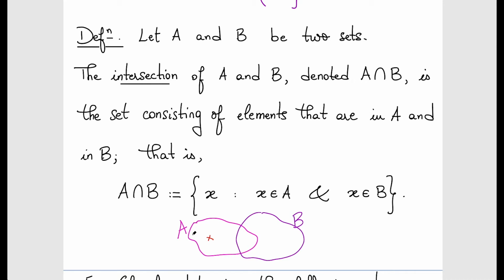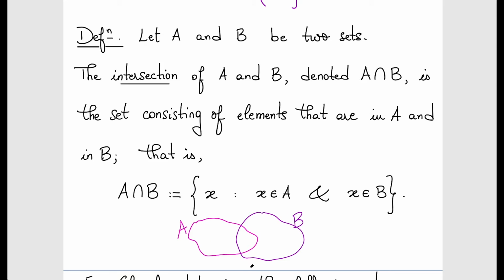Let's call the guys that are in A pink and the guys that are in B purple. Is this guy bicolor, pink and purple? No, this is just pink, right? It's not part of the purple region. How about this guy? Is it pink and purple? No, this is just purple because it's not within the boundary of the set A, right?